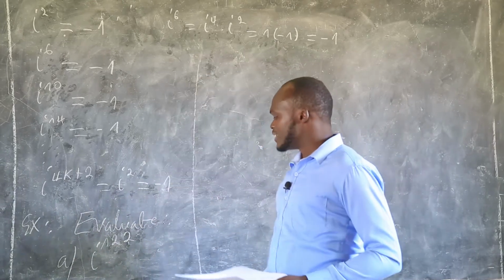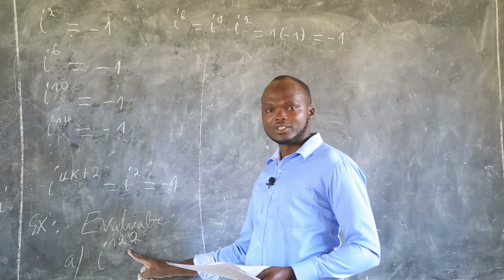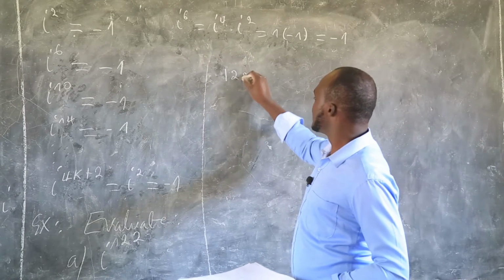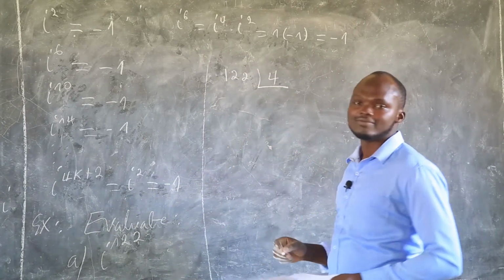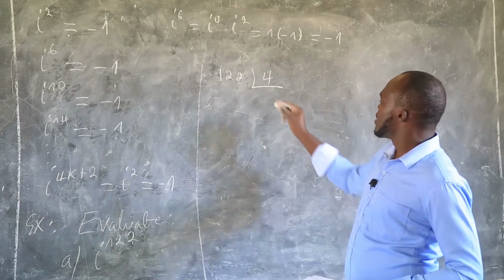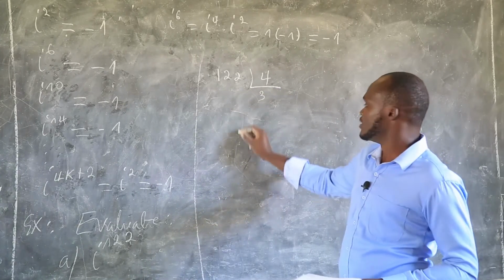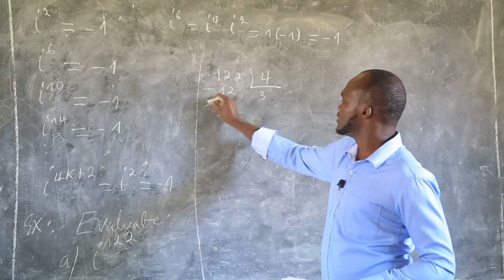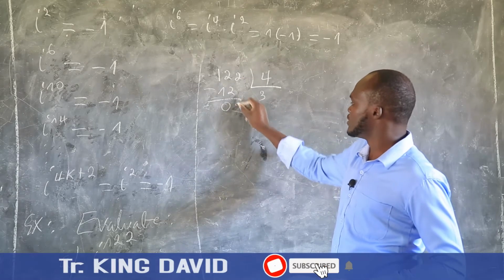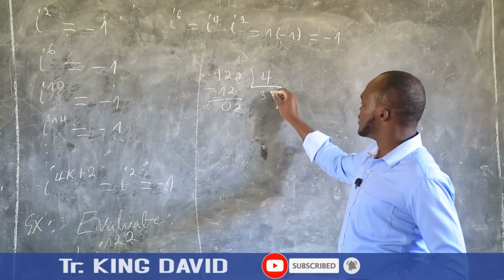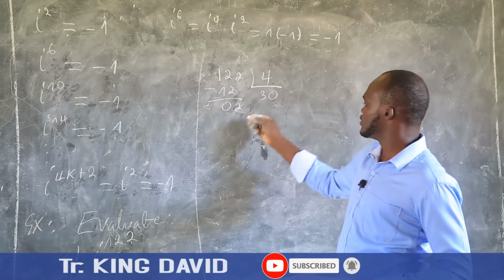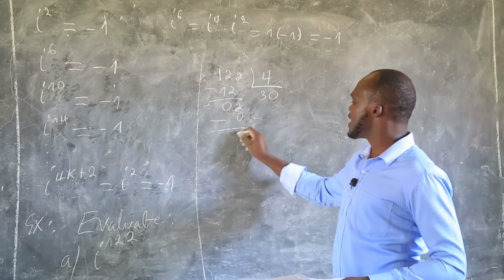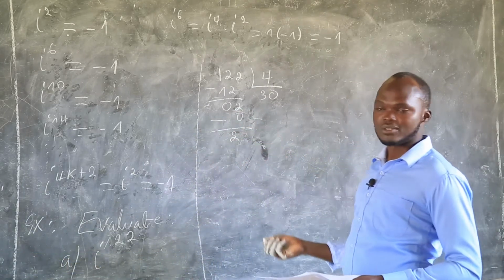Okay, so just take 122, divide by 4. So now, I put 30, 12, this is 0. Then I put 0 here, 0 times 4, 0. You see the remainder is what? This is the remainder. The remainder is 2.